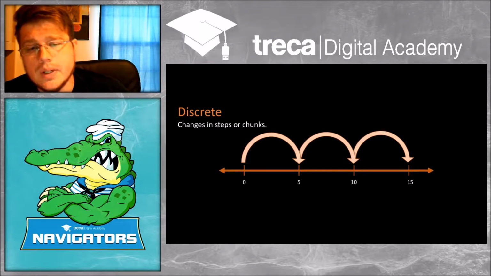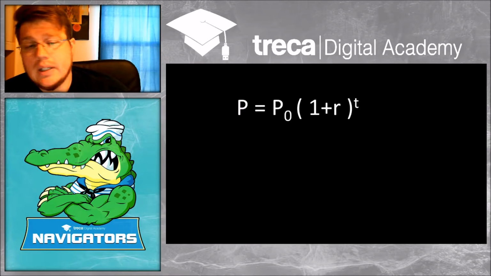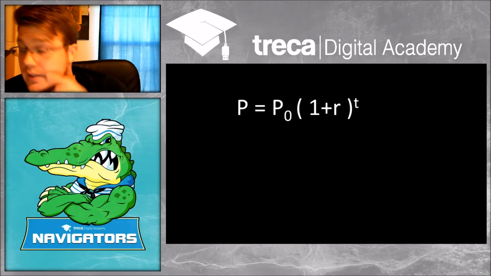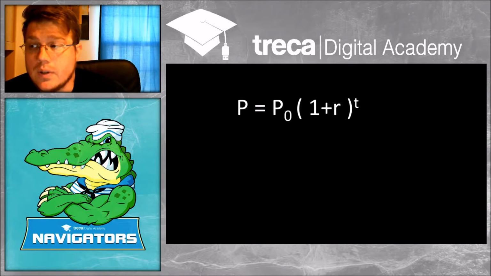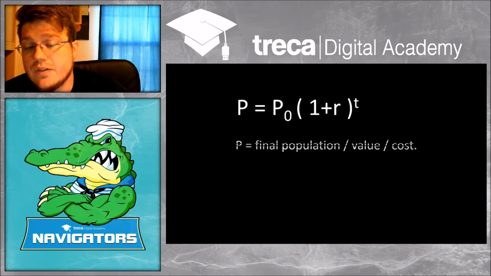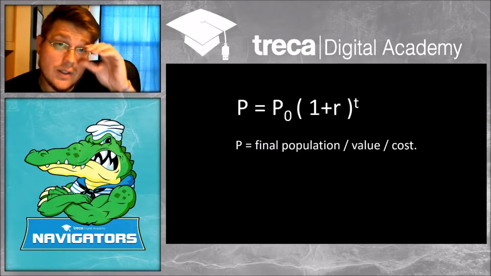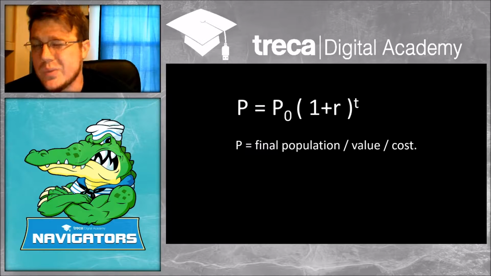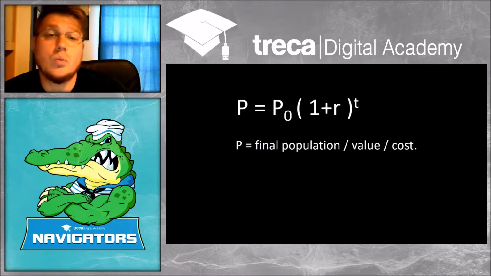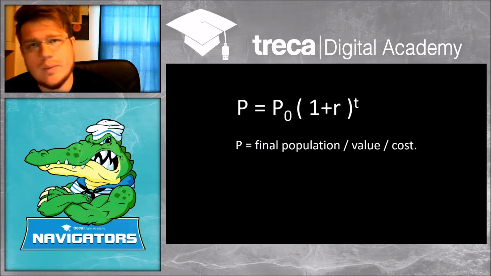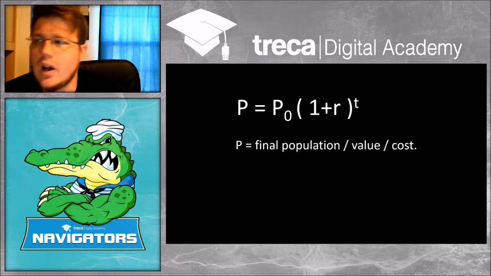That's the important part. This formula for discrete change is P equals P0 times the quantity 1 plus r, raised to the t power. P is the final population value or cost. This is normally a population formula, that's why we say P, but it works just the same with rent, with value of homes, with cost.